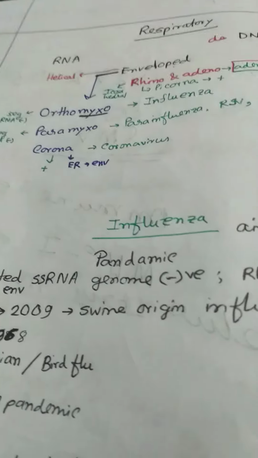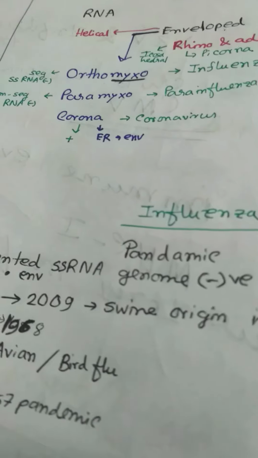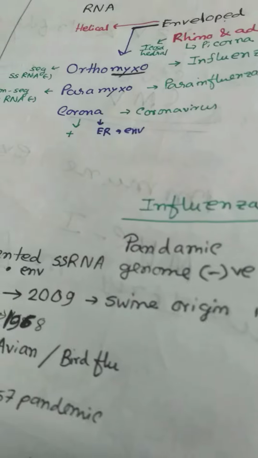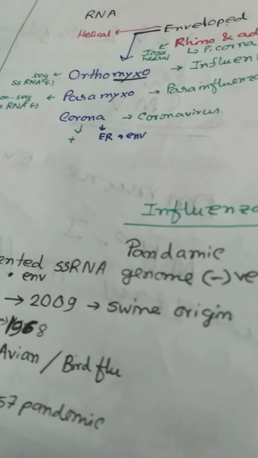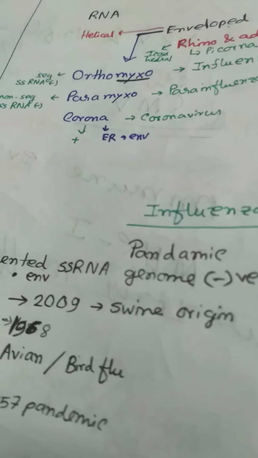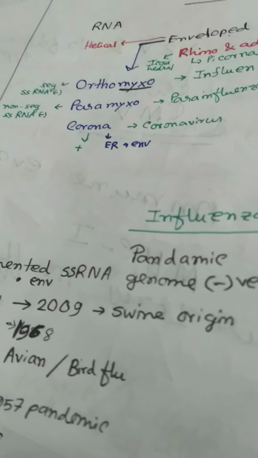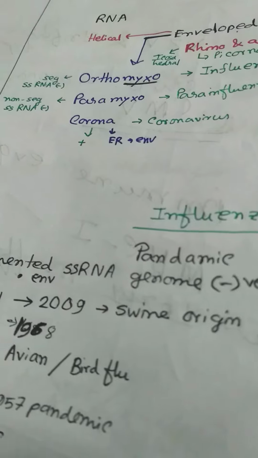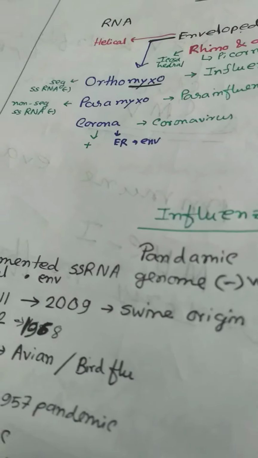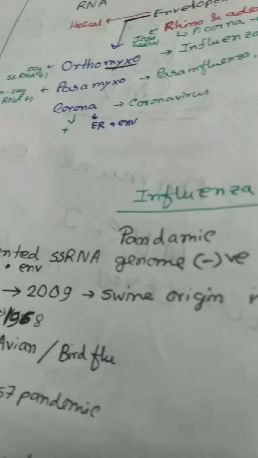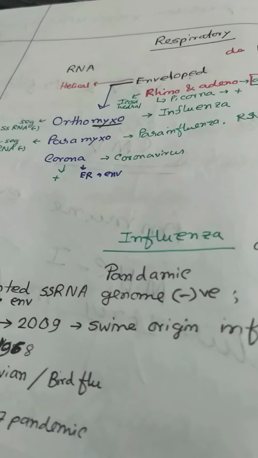The SARS coronavirus caused epidemics during 2002 and the MERS coronavirus during 2012, and the novel coronavirus COVID-19 caused a pandemic in 2019 and 20. These are all about respiratory viruses.